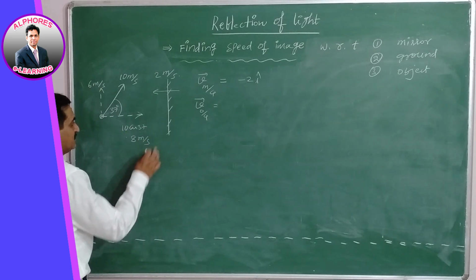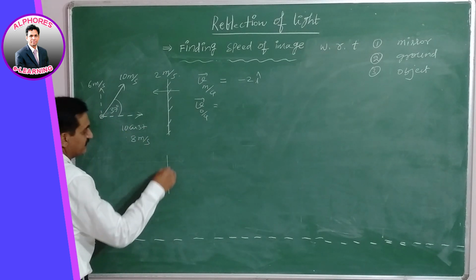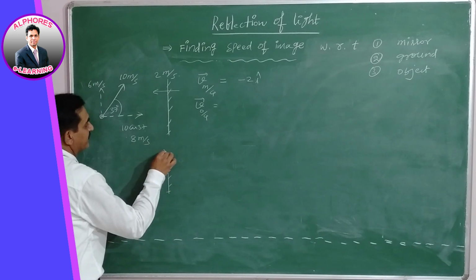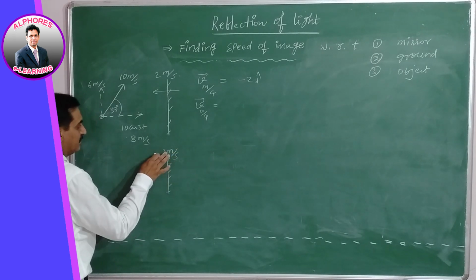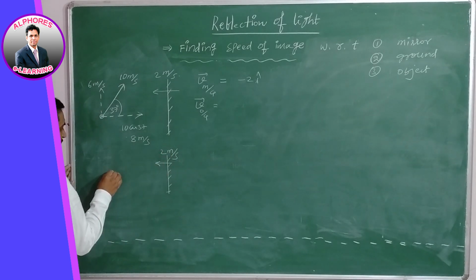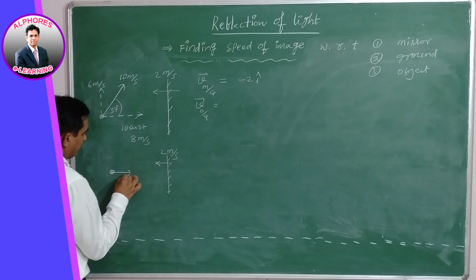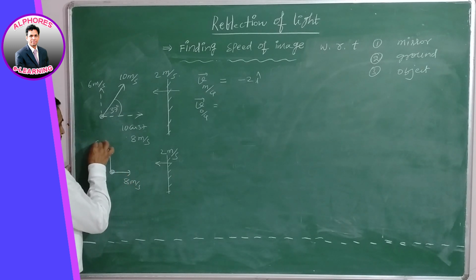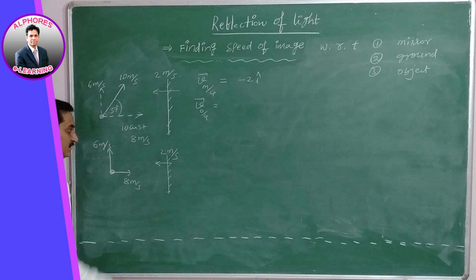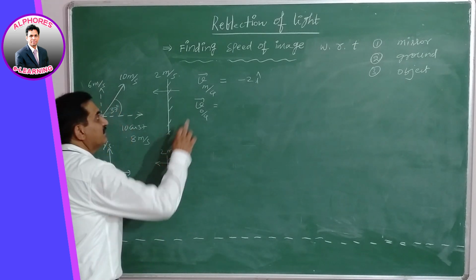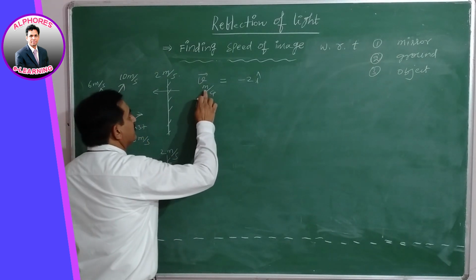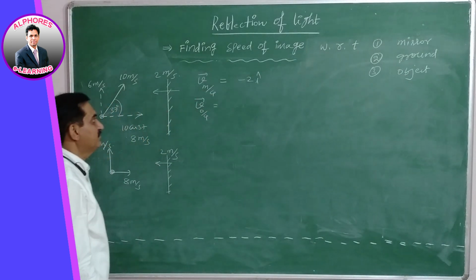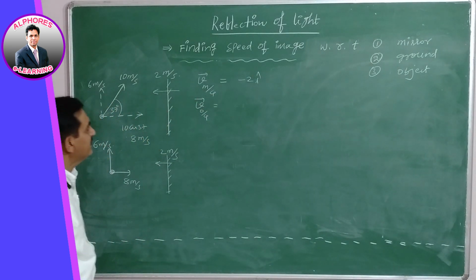Therefore, again we are taking the diagram: 2 meter per second for the mirror. Here the object components are, one is 8 meter per second, the other is 6 meter per second, right? So vectorially, the speed of mirror with respect to ground is minus 2i.